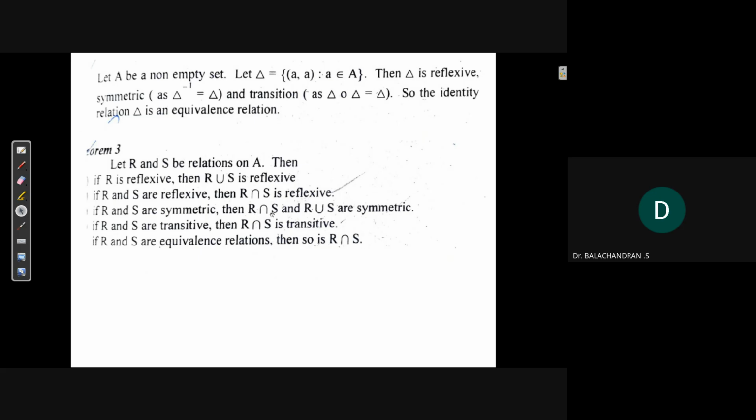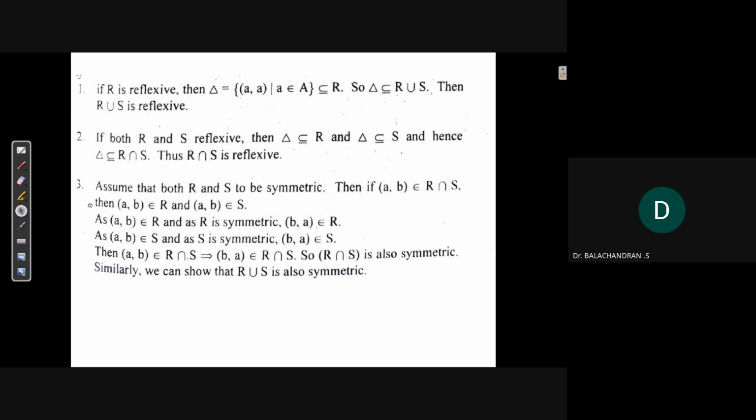And then the third one: if R and S are symmetric, then its intersection and its union are symmetric. We will do one by one. Assume that both R and S are symmetric. I'll take an element (A, B) in its intersection.